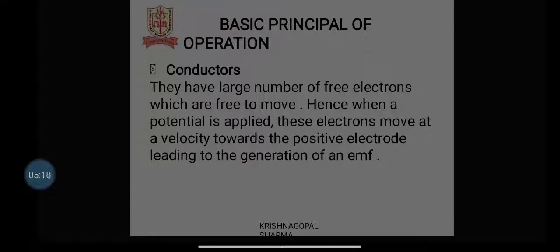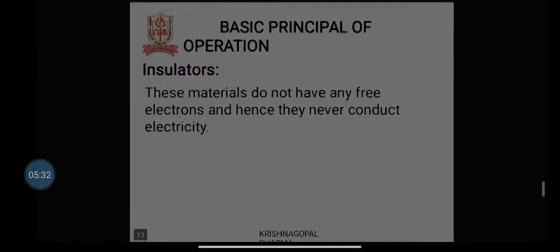Basic principle of operation. Conductors have a large number of free electrons which are free to move. Hence, when a potential is applied, these electrons move at a velocity towards the positive electrode, leading to the generation of an EMF. Insulators do not have any free electrons and hence never conduct electricity.